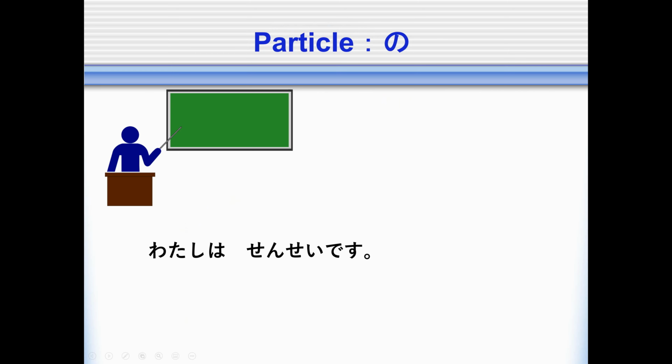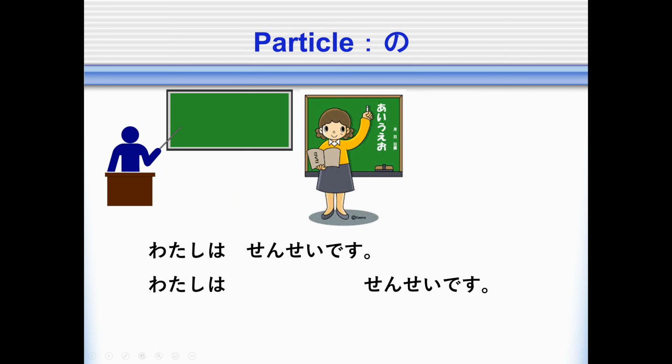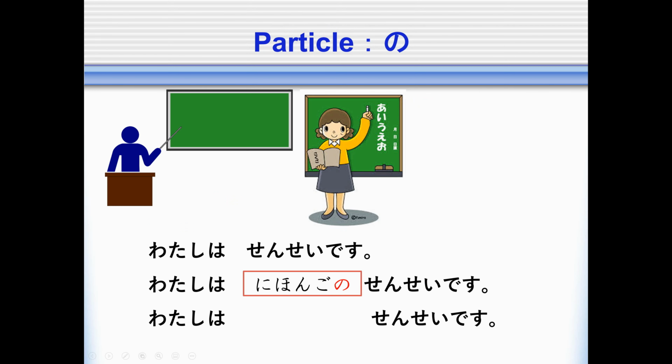Let's look at another example. 私は先生です。I am a teacher. That's some information, but with the particle no, I can give some more information about what kind of teacher I am. 私は日本語の先生です。日本語の先生.